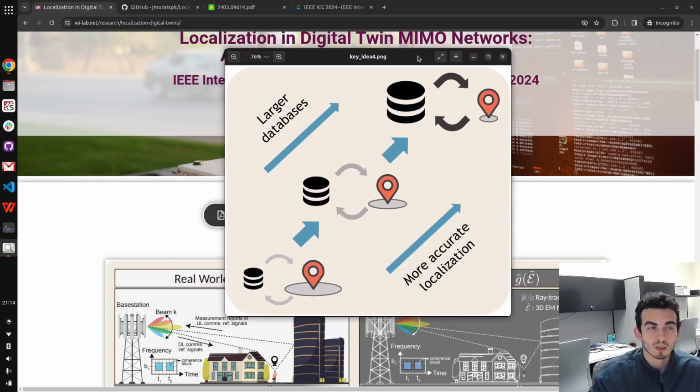And in this paper we show that using that digital twin, we can indeed have databases that are large enough to get a really good accuracy despite noises that occur from using the phone, because there's fading caused by people moving, right?